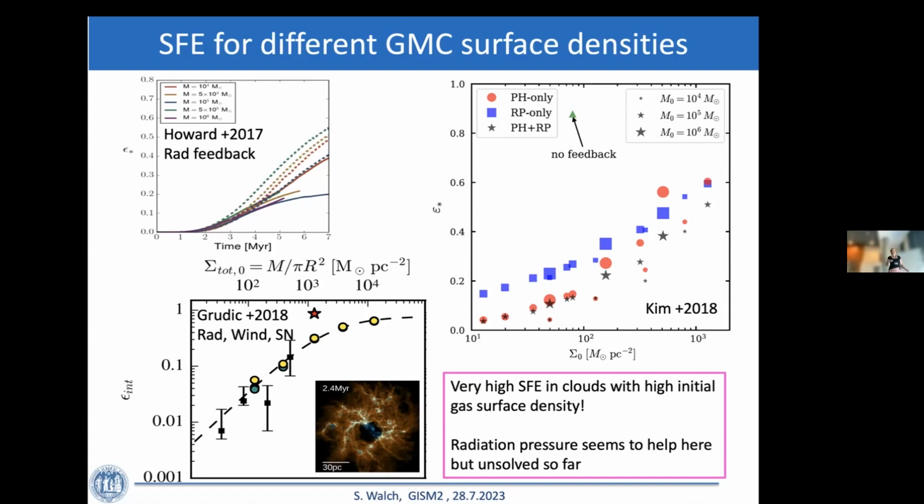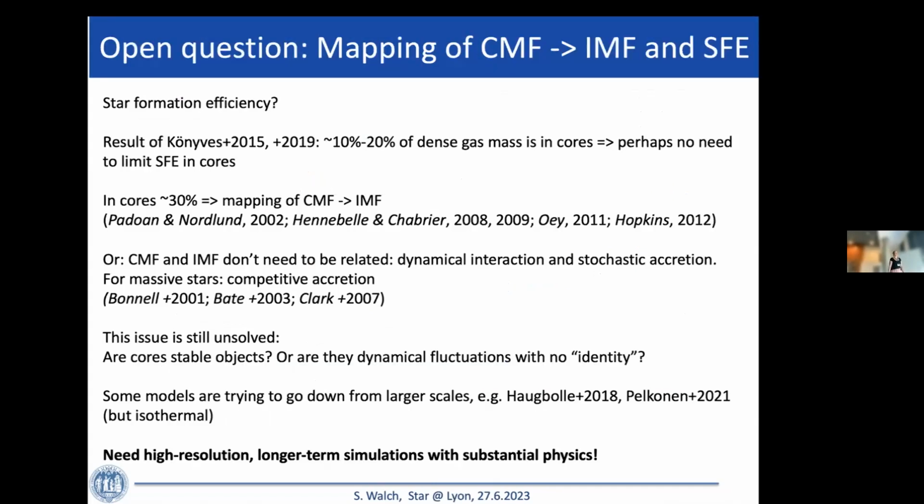Because these models start at slightly larger scales. So they resolve maybe 0.05 parsec or something like this, maybe a little bit smaller. But this is basically the whole core, right? So we need to couple what's happening on the smallest scales where stars actually form and what's happening on the larger scales in the future. I think this is one of the big things we need to do. And so this is why I want to raise this here also as an open question.